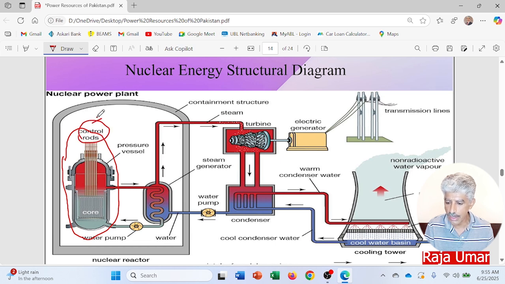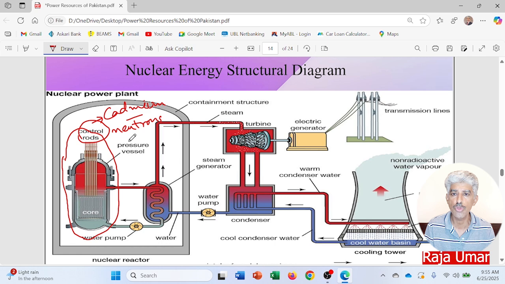The control rods are mostly cadmium, and cadmium absorbs the excessive neutrons. As you know, if we control the number of neutrons, we will have the energy in a controlled form that can be very effective. Otherwise it will be disastrous.